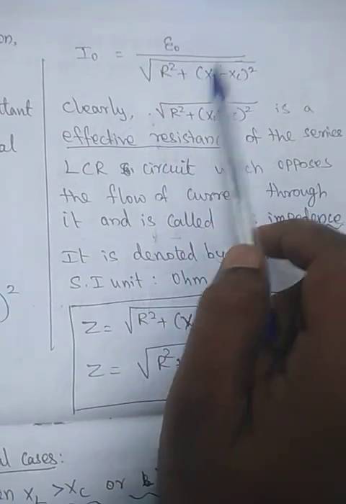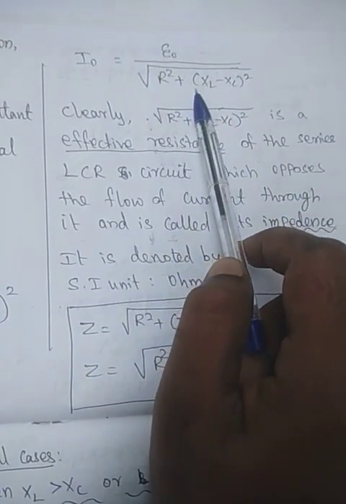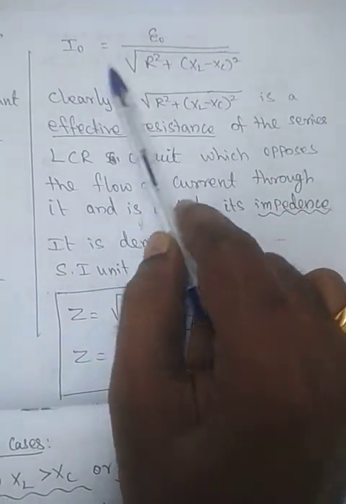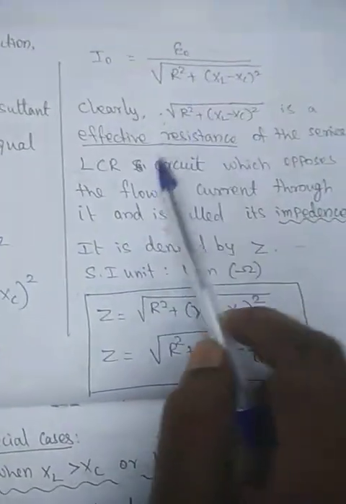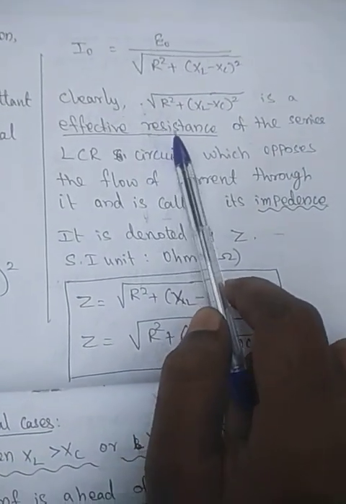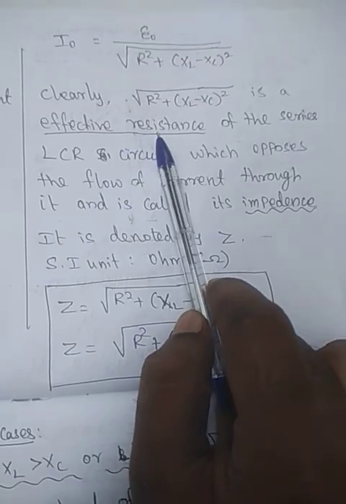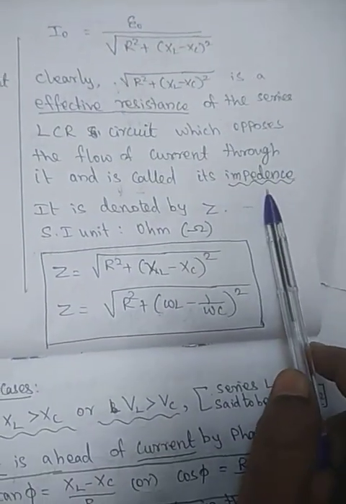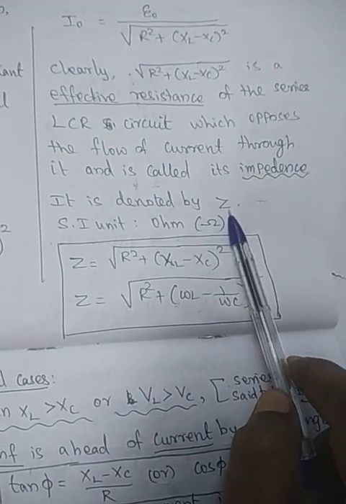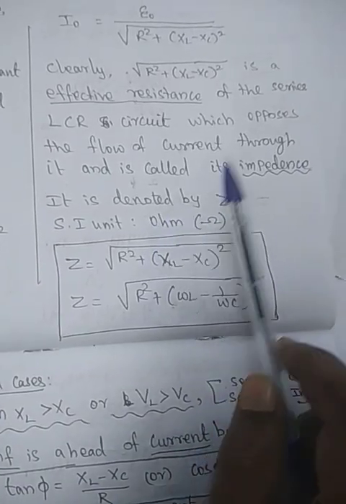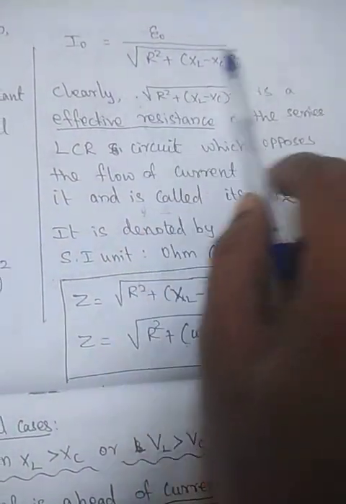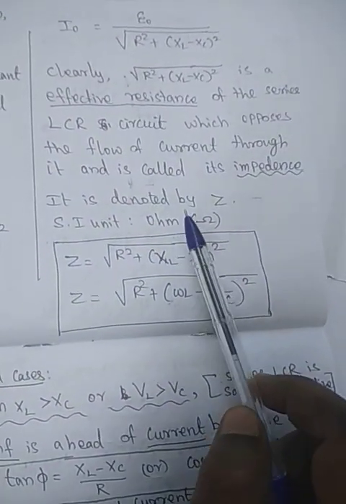So I is equal to V by R, the formula by using Ohm's law. This denominator term must be equal to the effective resistance of the circuit. We give the name impedance for this total resistance of the circuit. It is denoted by Z. This represents the resistance of the circuit, so we give the SI unit as ohm.